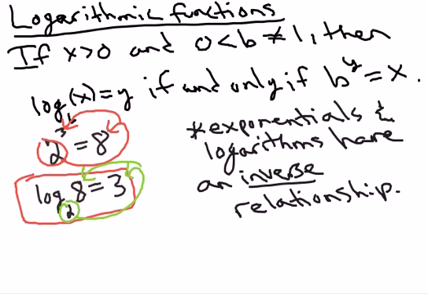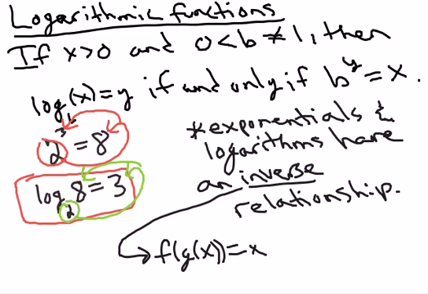And if you go back and look at the definition of inverse functions, really what that means is if f of x and g of x are inverse functions, then f of g of x, which is a composition of functions, equals x. But not only that, also g of f of x also equals x. These both must be true in order for f and g to be inverse functions.